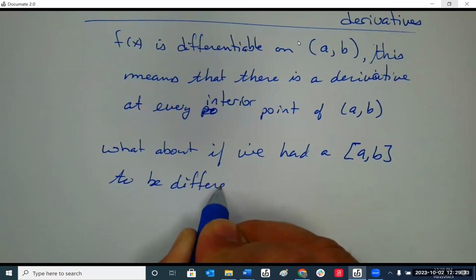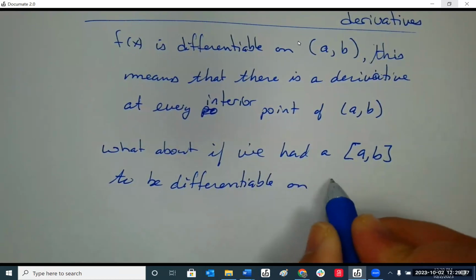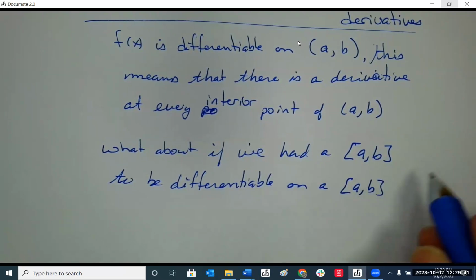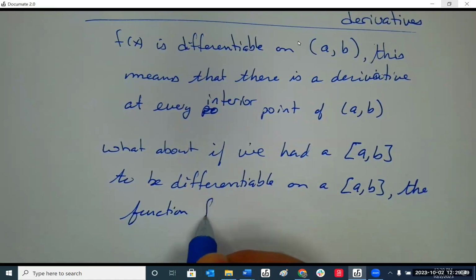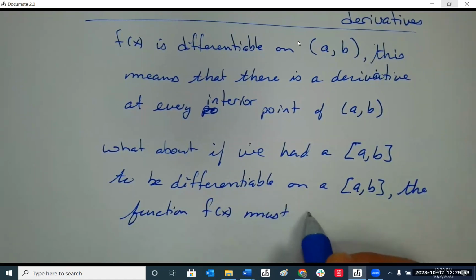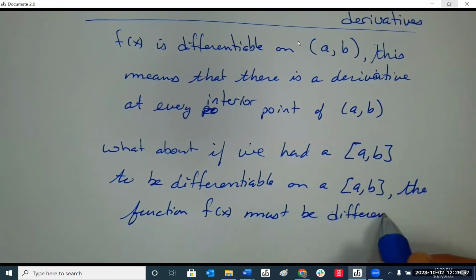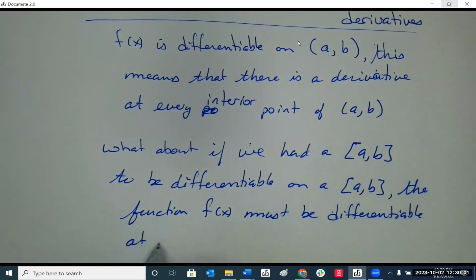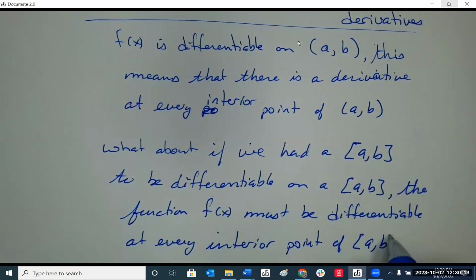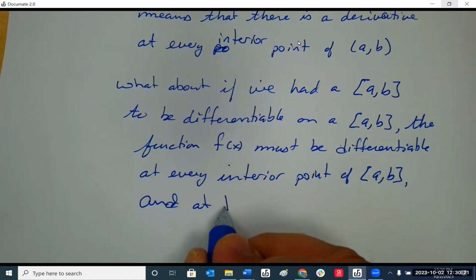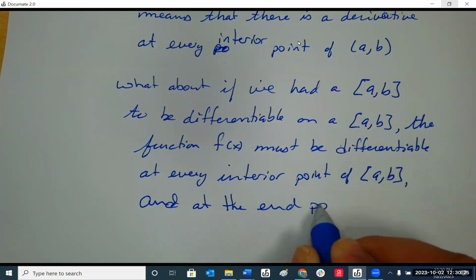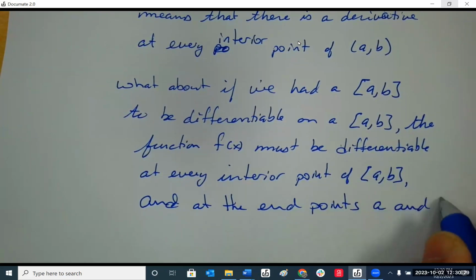To be differentiable on a closed interval, the function f of x must be differentiable at every interior point of AB and at the endpoints A and B.